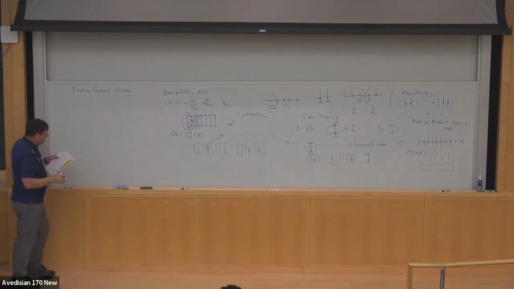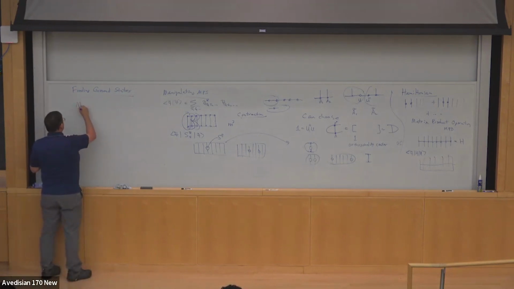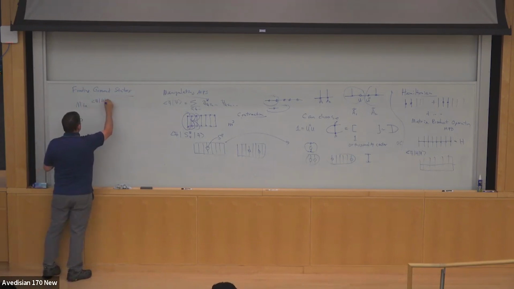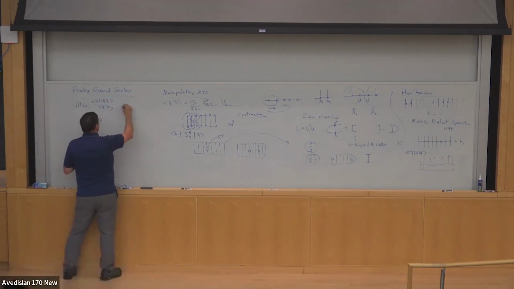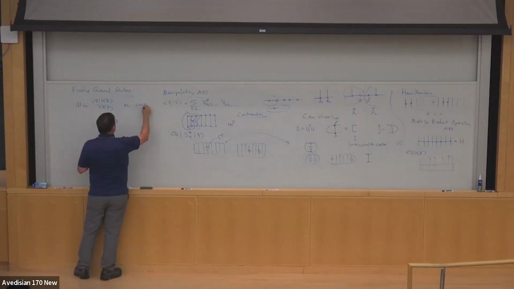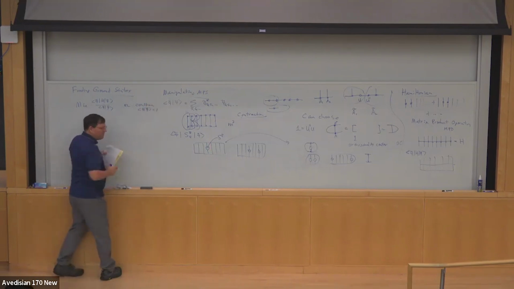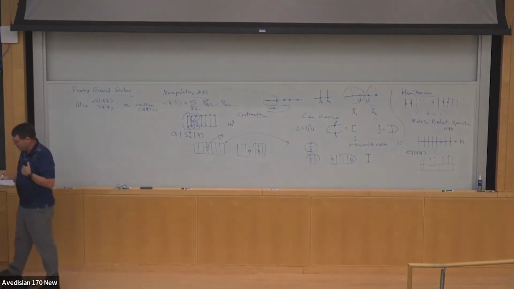The problem, of course, is just to minimize psi H psi over psi psi, or constrain psi psi equals 1 without the denominator present.